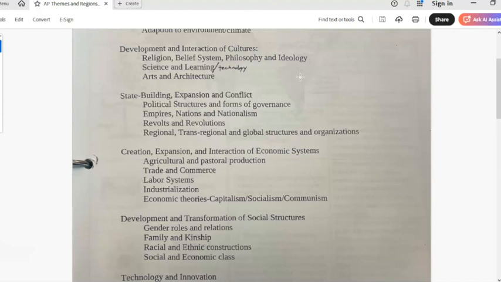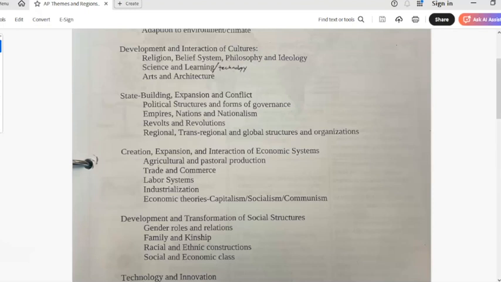Empires, nations, and nationalism. Empires is basically when a country expands its influence beyond its own borders. Normally, that is through taking land. An important word that you need to understand is imperialism. Hopefully, this was taught to you in middle school.